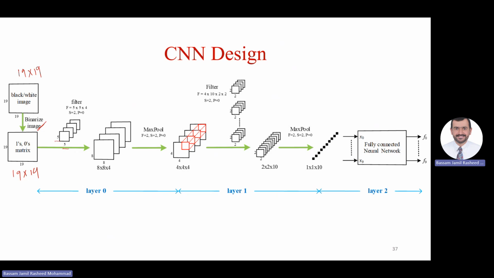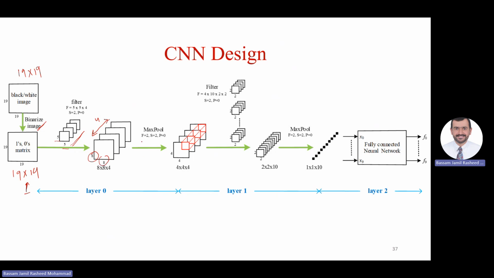Since I have one channel here and I'm going to end up with four channels, I need four filters, or four kernels. But notice the physical dimensions of this feature map are 8 by 8.